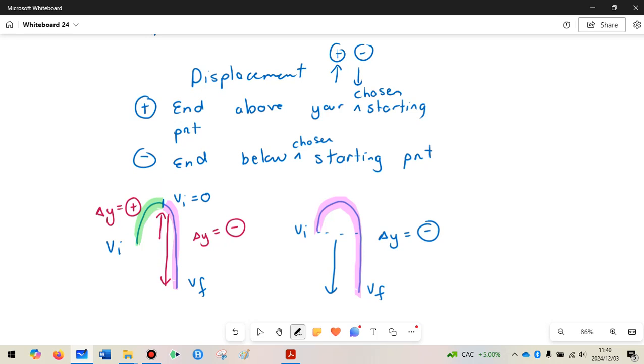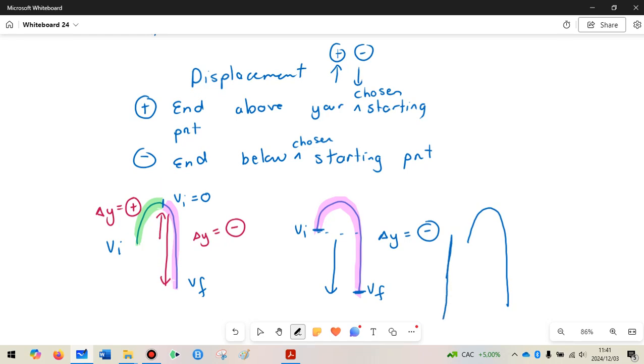Remember that delta y stands for displacement and not distance. So when you sub in or calculate delta y, you will be subbing in the shortest distance from your start point to your end point. Okay, so even though we draw the motion like this and it looks like it moves like that, it's actually moving up and down, okay, on the same plane.